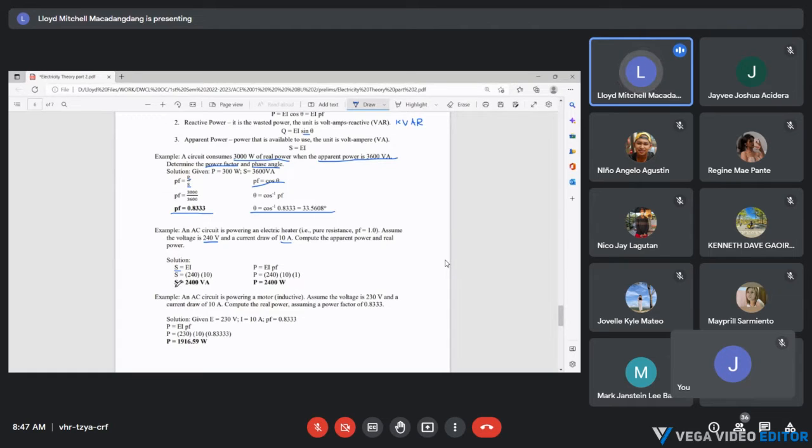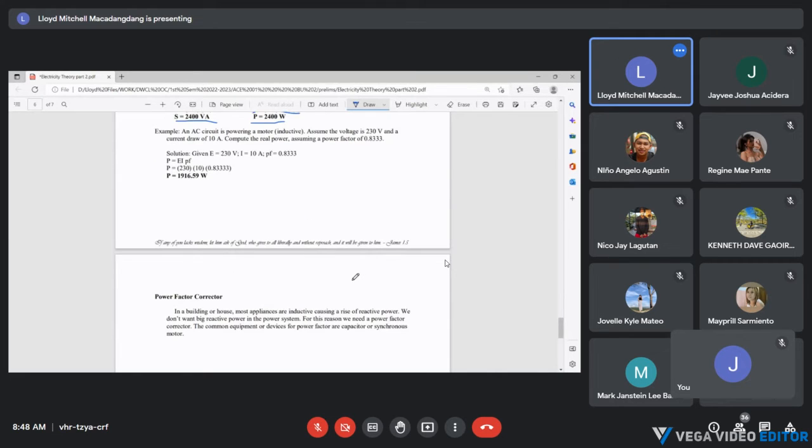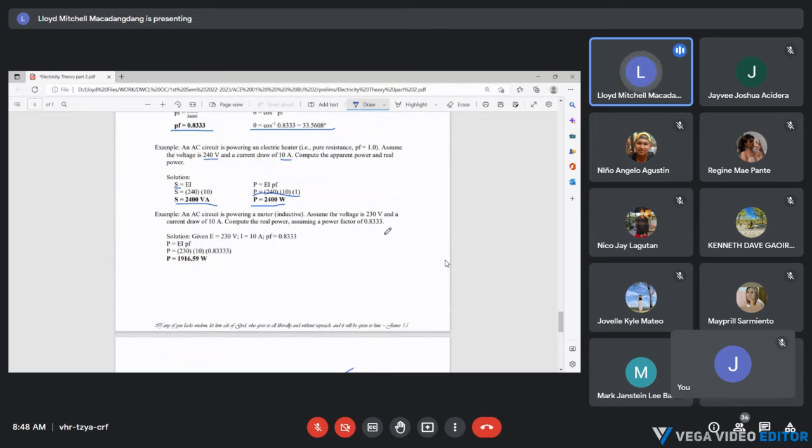So apparent power natin is 2,400 volt ampere. Then we have here si real power. So real power is EI multiplied by the power factor. So real power, direct substitution ulit. Makuha natin power is 2,400 watts. So mostly direct substitution. Yeah. So next example.